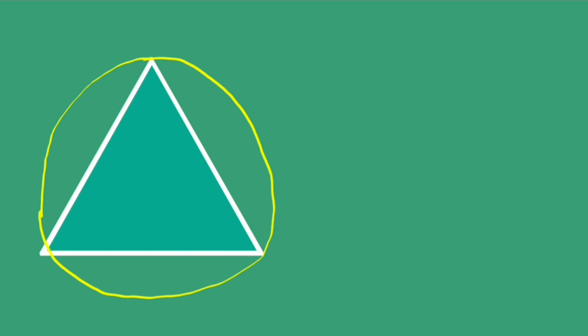At the circumference of this triangle, a circle is drawn. Now, as I said in the previous slide, this circle is called the circumcircle, and it has one center. This circle has one center, and it is the circumcenter, capital C.